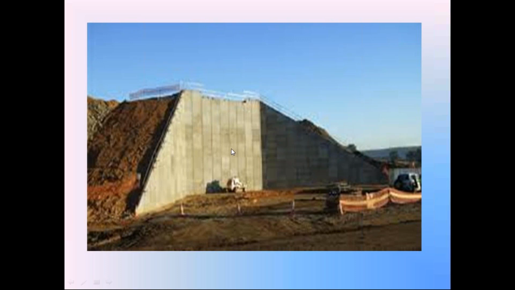This concrete wall is constructed to support this soil, not for another purpose. We construct this concrete wall to support only the soil. If this concrete wall is not here, this entire soil falls down, because just behind this concrete wall, the entire soil is vertical.